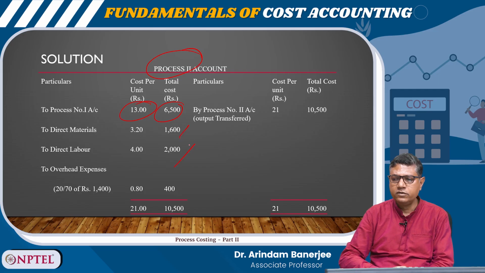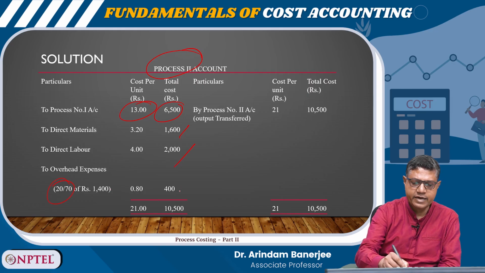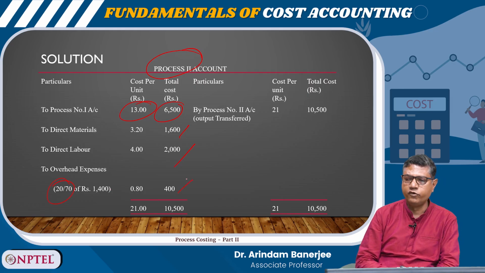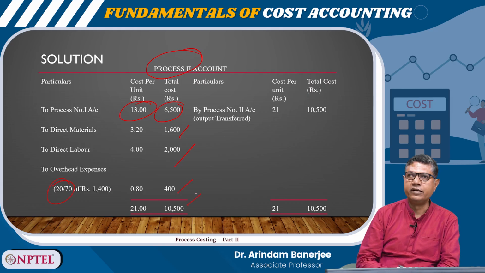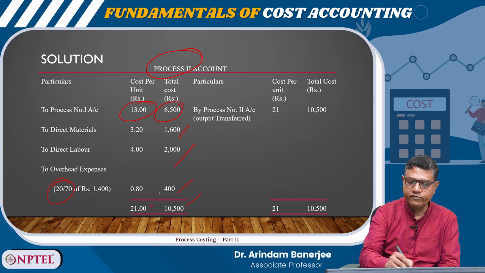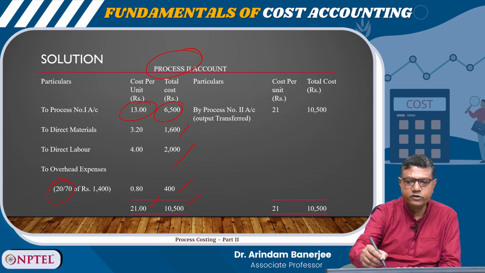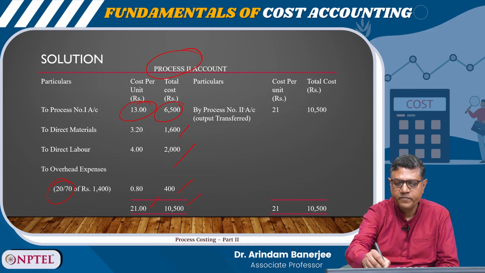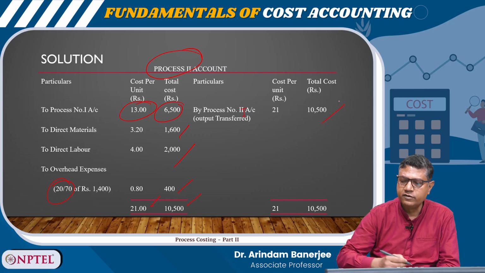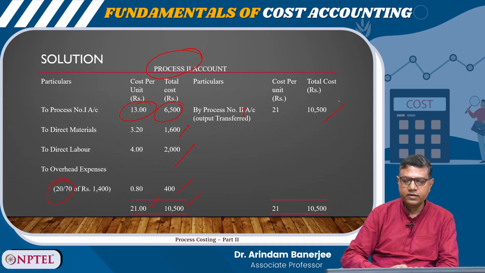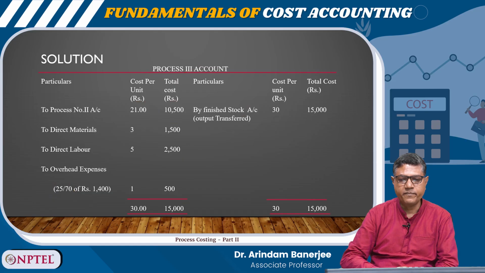Now, the proportionate overhead is 20 by 70, which comes to 400. If I add, I get the total 10,500, and per unit comes to 21. This output is transferred to process 3. So, this 10,500 I am transferring to process 3.